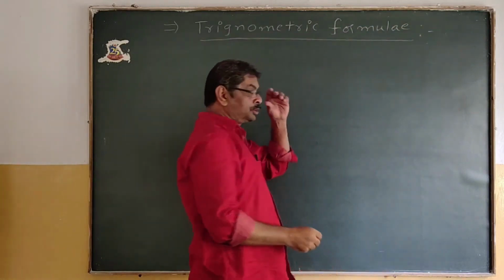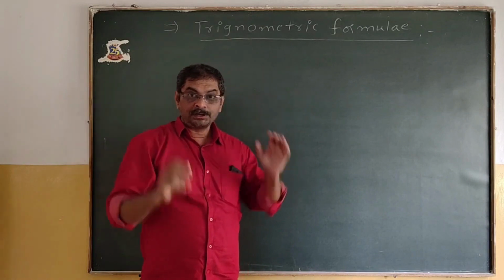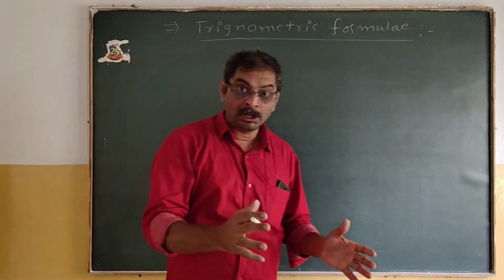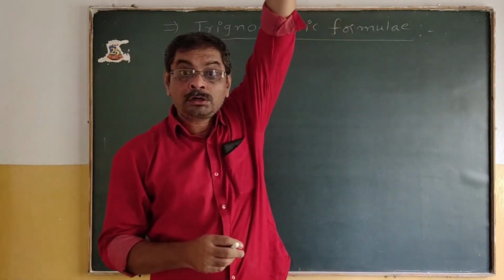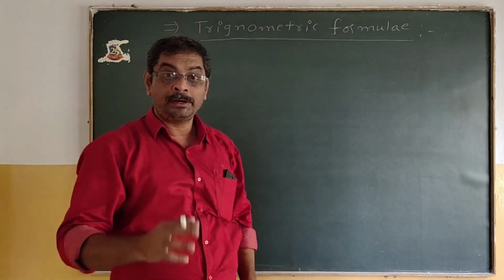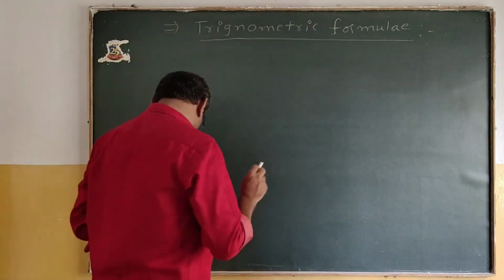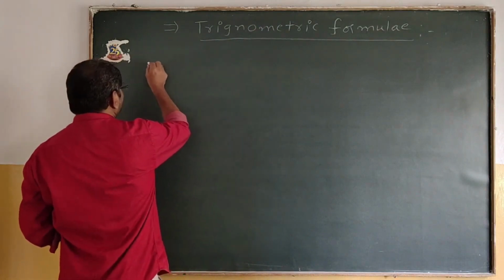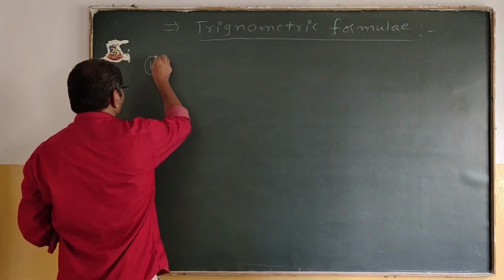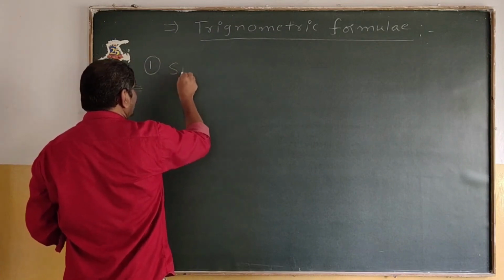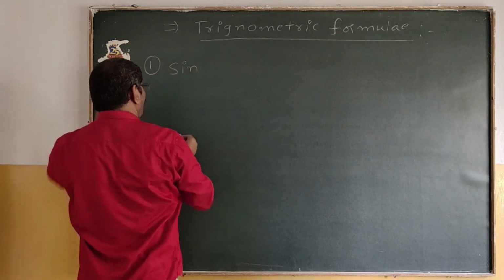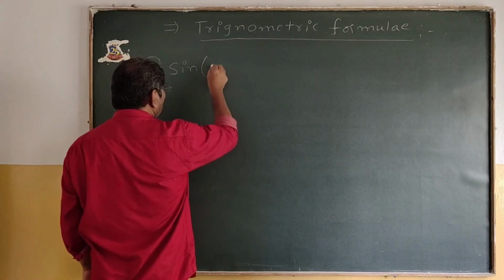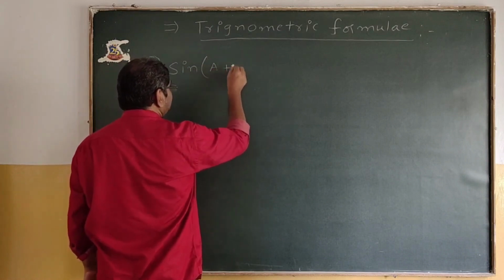Now let us see what are the trigonometric formulas we got. So remember the first formula we got. That will be called sine of a plus b.